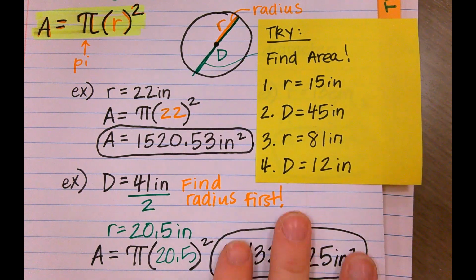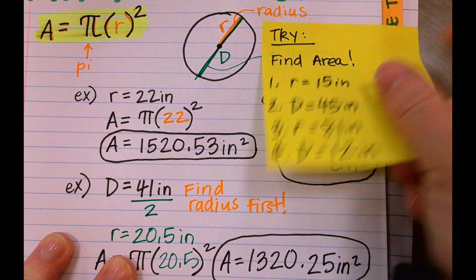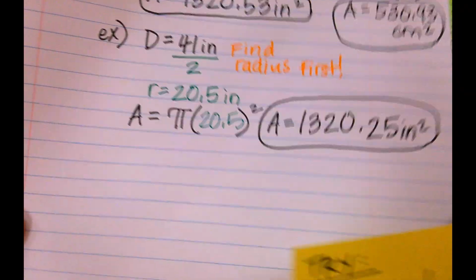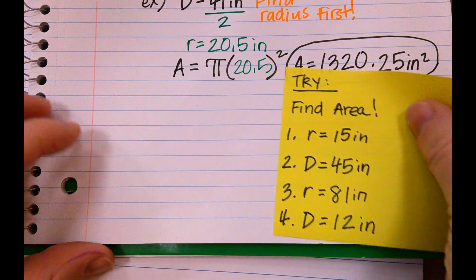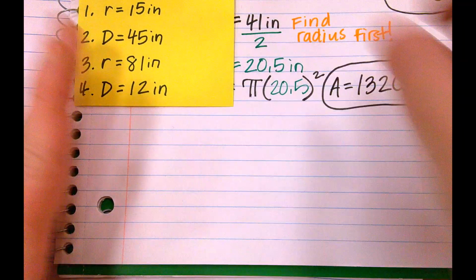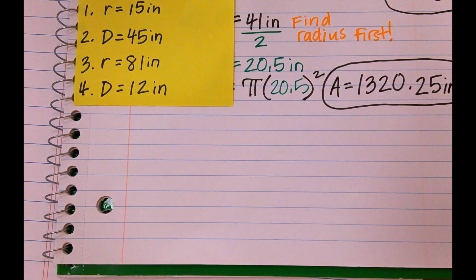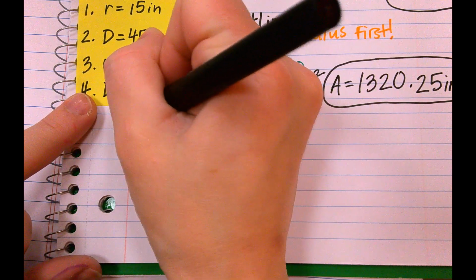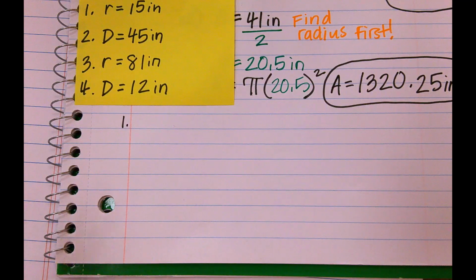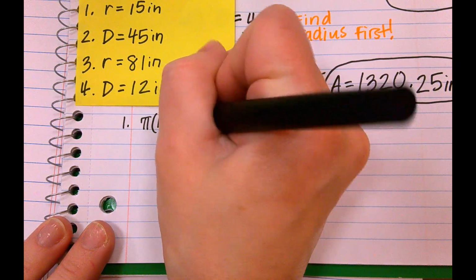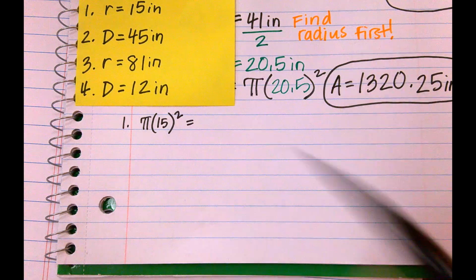Okay, so I had you try some of these on your own. I wanted you to find the area of these 4 circles I'm describing. Number 1, I told you the radius is 15 inches. Who can tell me what they did? Pi times 15 squared, since that's the radius.